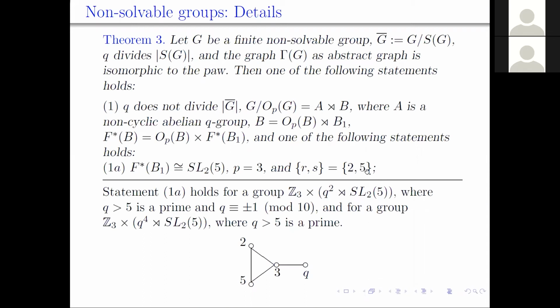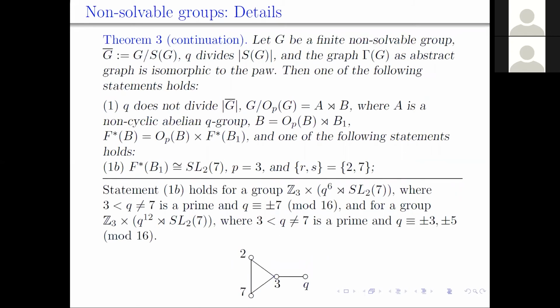The first possibility is realized for a group of the following shape, and you can see the Gruenberg-Kegel graph of such groups. The second possibility is realized for a group of the following shapes, and this slide shows the Gruenberg-Kegel graph of these groups.